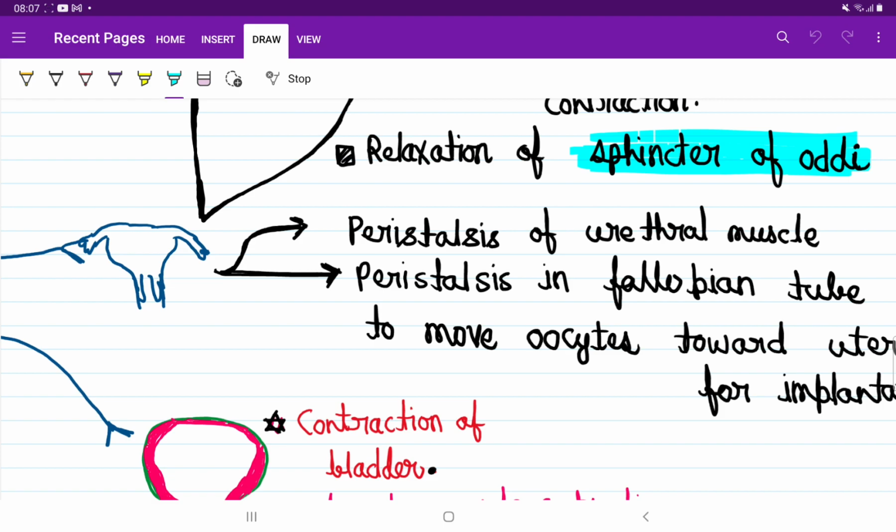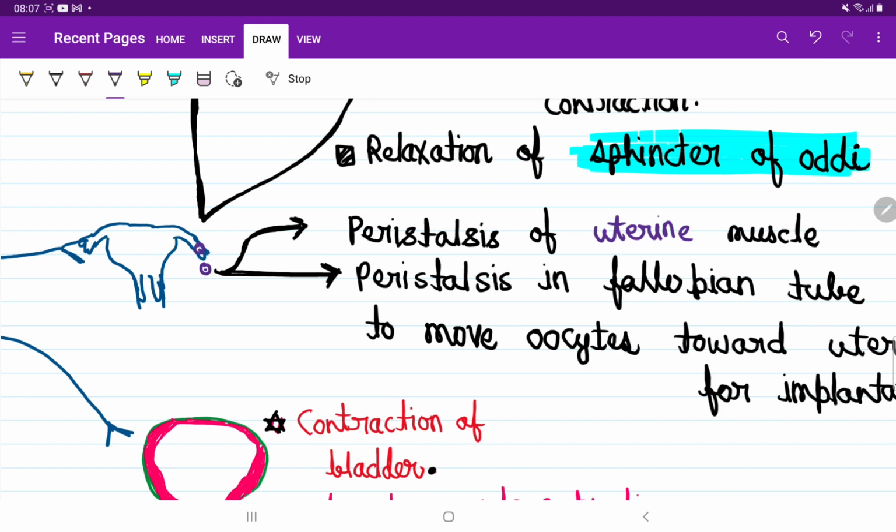They cause peristalsis in the fallopian tube. Sorry, it is not urethral muscle, it is uterine muscle. When they cause peristalsis in the fallopian tube, the female gamete starts to move toward the uterus.